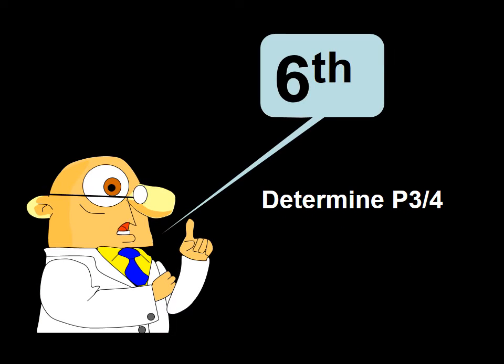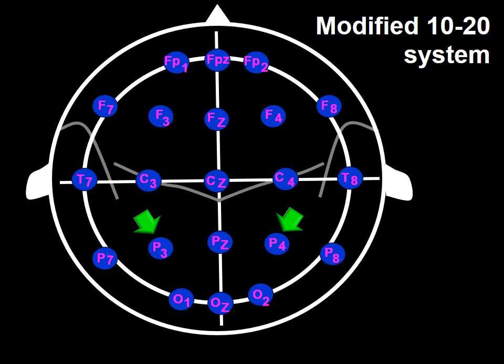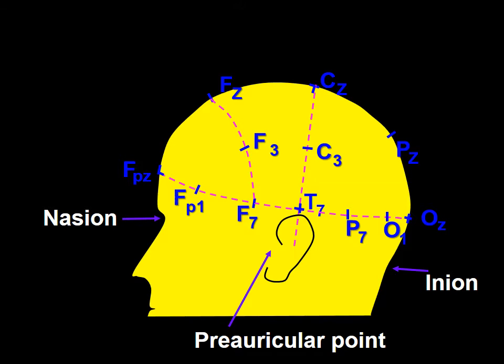The sixth step is to determine P3 and P4. This diagram shows the intended sites. Again, we start on the left side of the head and just mirror the steps on the right. First, we draw a line between P7 and PZ, then halve it, and that is the site for P3. And then we do the same thing on the right.